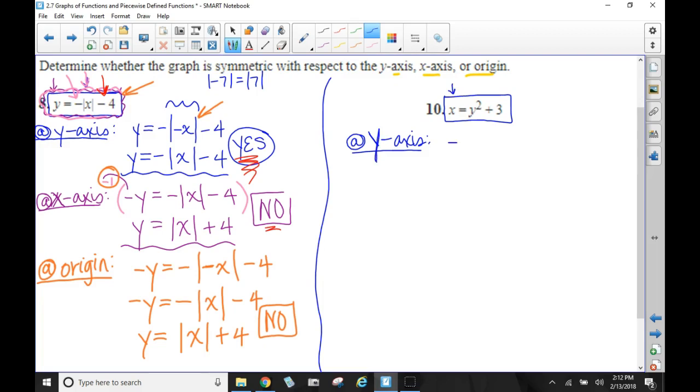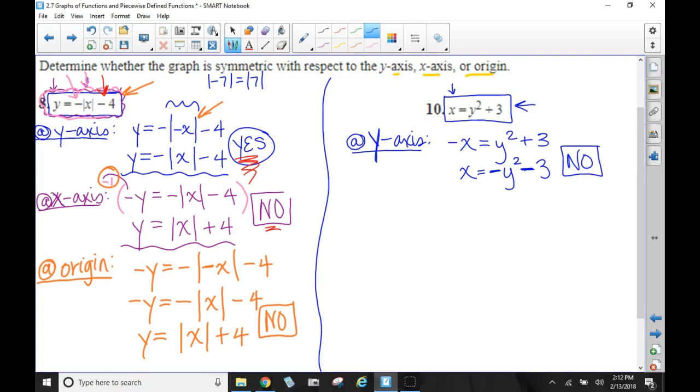So now my equation looks like negative x equals y squared plus 3. Which, y'all, if you run that negative through, is equivalent to x equals the opposite of y squared minus 3. And that is not the same thing as what is in the box. The signs are different. So this thing is not going to be symmetric about the y-axis.